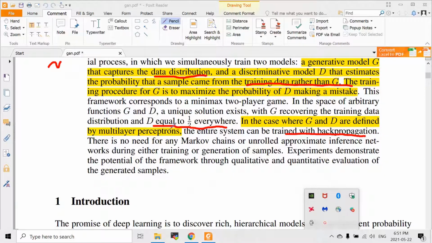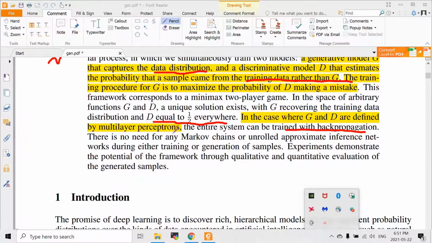So, in the space of the arbitrary functions G and D, a unique solution exists with G recovering the training data distribution and D equal to half everywhere. There's a unique, optimal solution, where G recovers the data distribution completely, and D is equal to half everywhere. What that means is D is basically outputting a probability that the data is from the real distribution or the training data distribution.